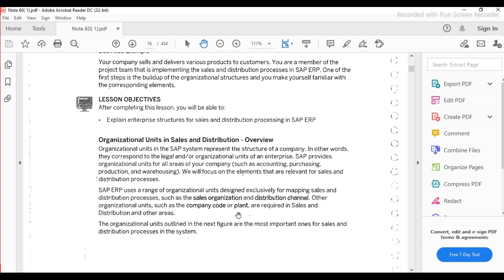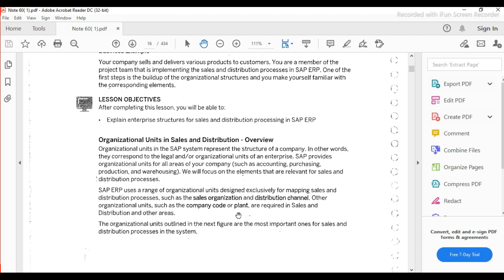What is the importance of enterprise structure? Without enterprise structure setup we cannot even maintain the master data, because to maintain master data like customer master and material master, you need org units like sales organization, distribution channel, and division. This is the first point. Without enterprise structure you cannot do real transactional data, because you need a sales area; every transaction runs through a particular sales area.